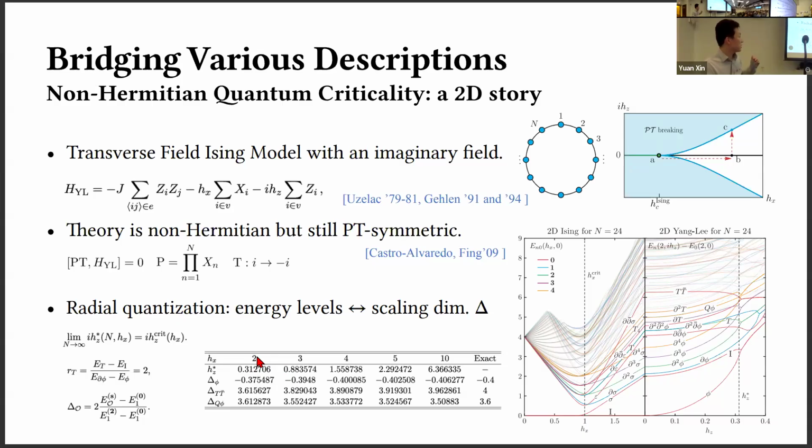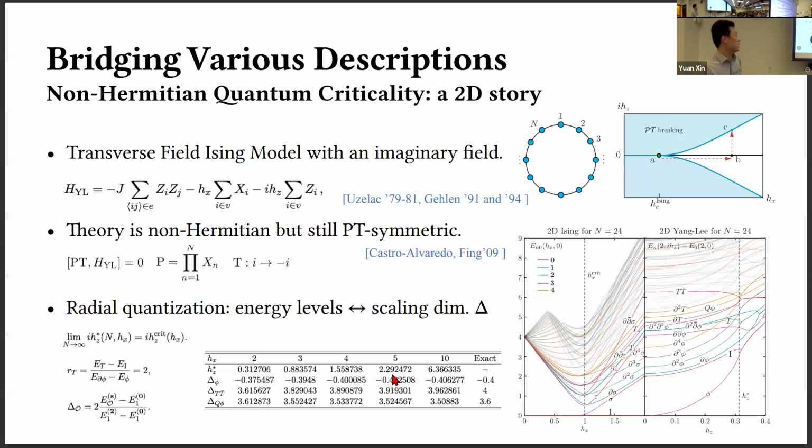Actually, I think this is not extrapolated. This is probably N equal to something like 20, I forget the exact number. So for different points in the paramagnetic phase, we can study where the critical point is and then extract a bunch of scaling dimensions: phi, T T-bar, and Q phi.